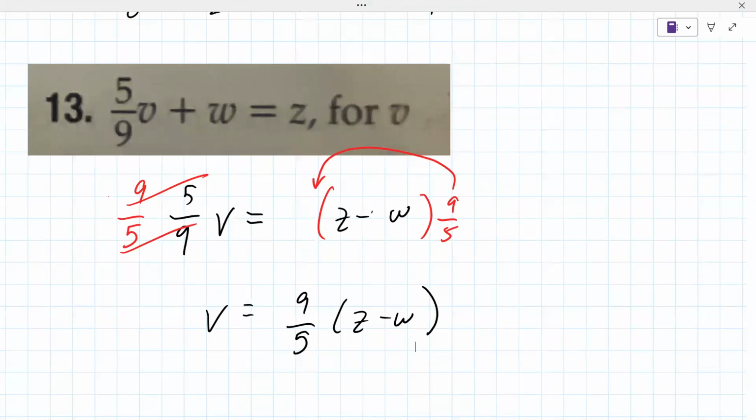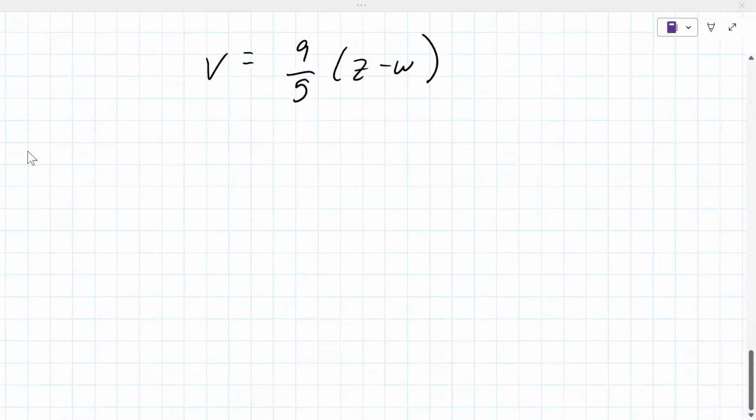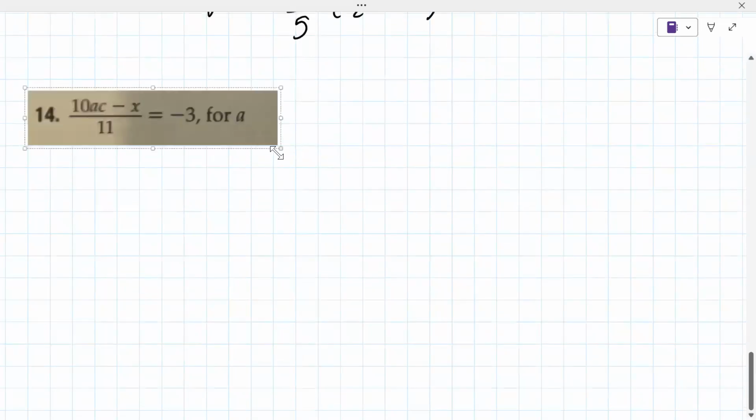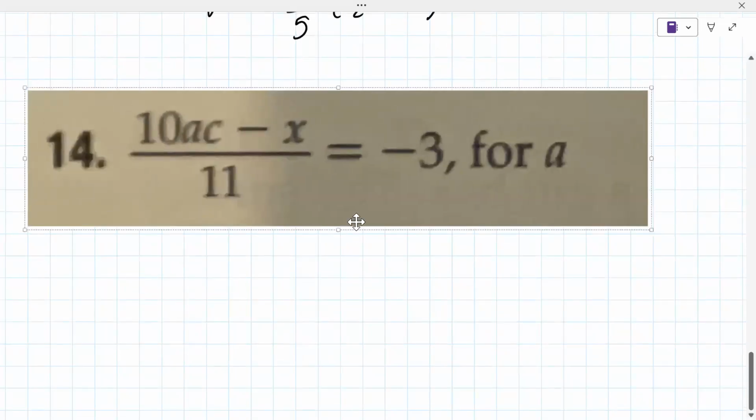So let's look at 14 here. Solve for A. One of the things that I think would help here is to know that there are what are called implied parentheses in the numerator, and you really can't get to the numerator until you undo this fraction.